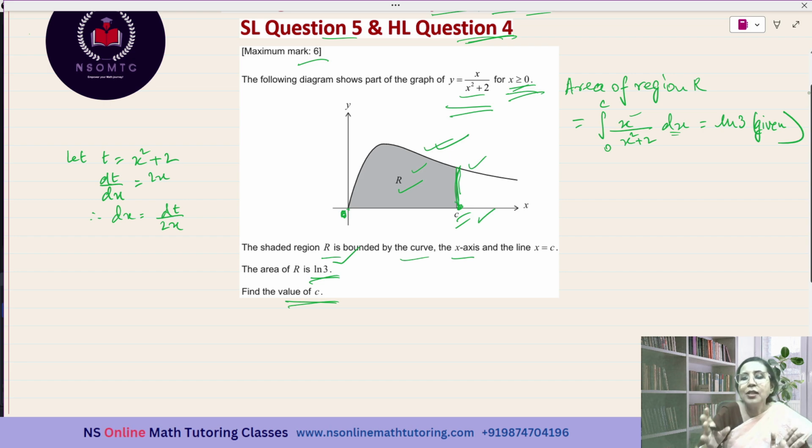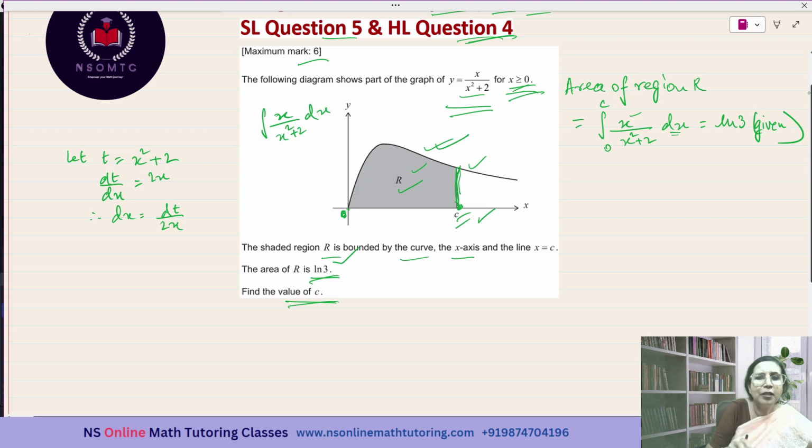And for the SL students, I'll be advising you to keep the limits. Don't change the limits. You just do the integration as an indefinite integration. You will be just taking the integral of x over x squared plus 2 dx, and do the substitution and everything and get the answer.